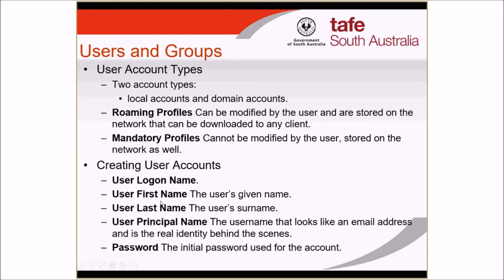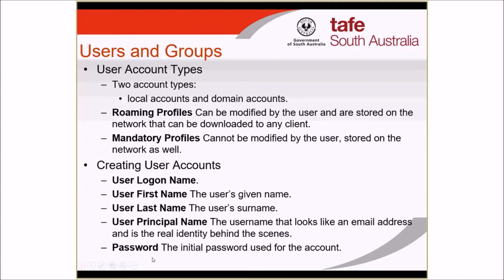When you're creating a user account, you absolutely need a logon name. Okay, so that's the username that you use to log in. You need a first name, you need a surname, and then the principal name looks like your email address. And basically that's the real identity behind the scenes. Okay, the email address basically identifies your user account in the domain. And you need a password.